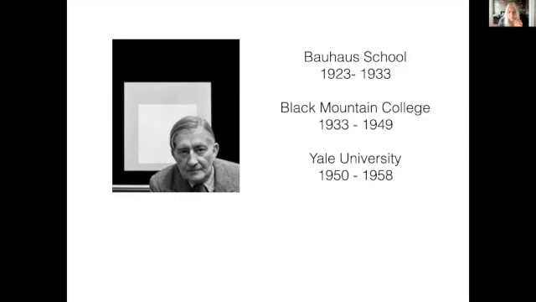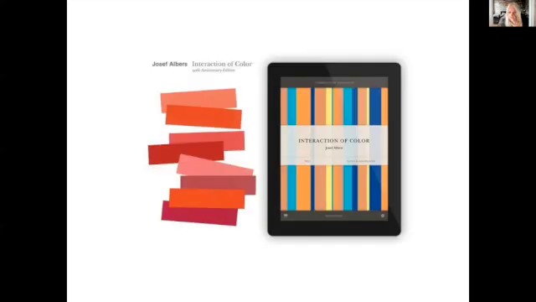After that, he retired, and he wrote this book called The Interaction of Color. For its 50th year anniversary, they made it into an iPad app, which you saw in action. It's really pretty cool.